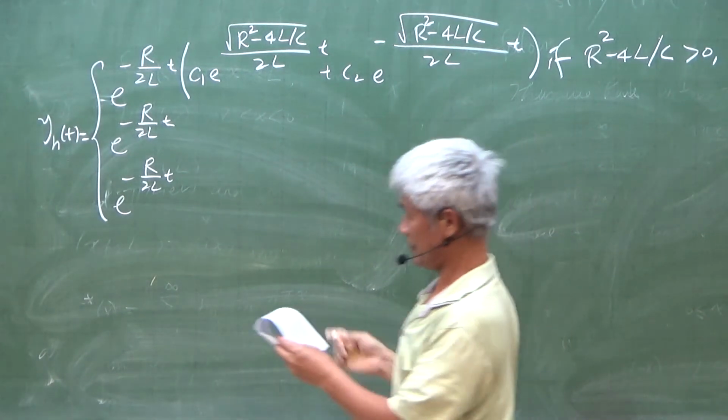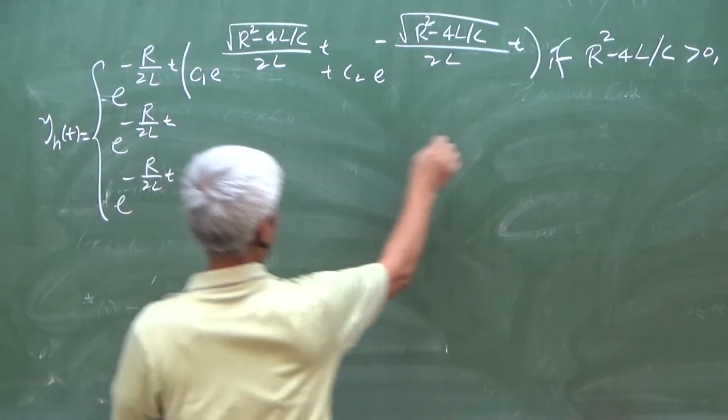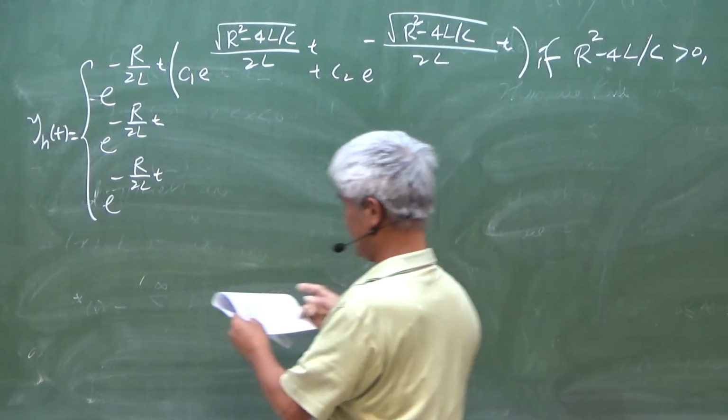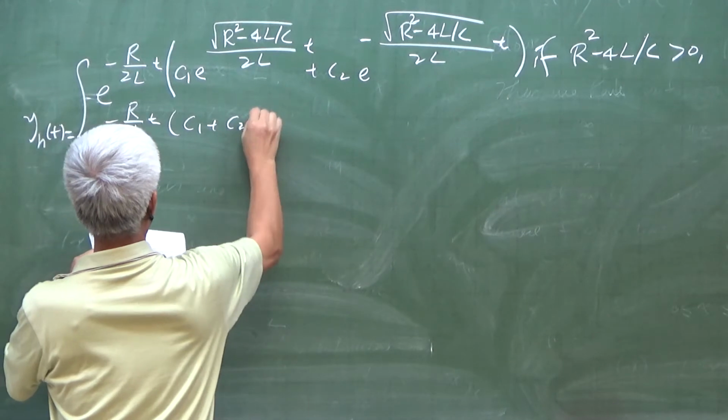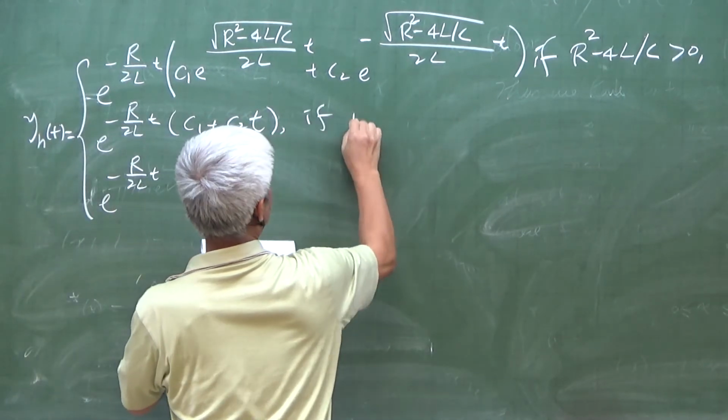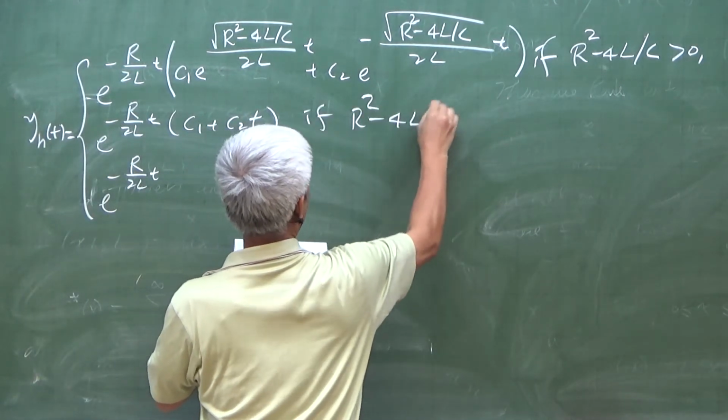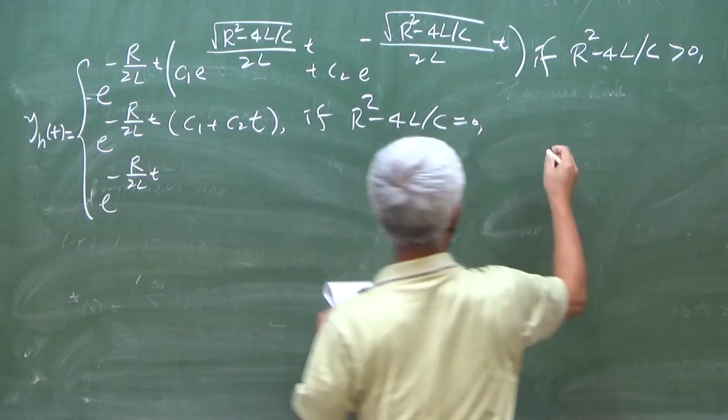But if the discriminant is 0, then you have (C1 plus C2 t) times the exponential.